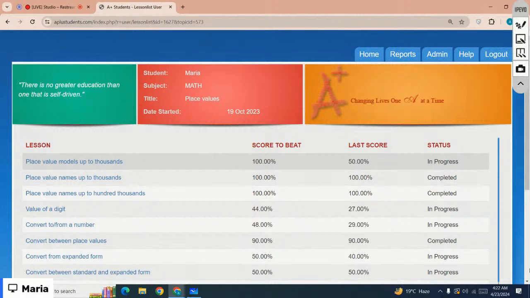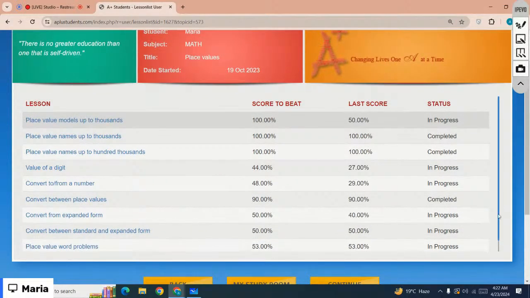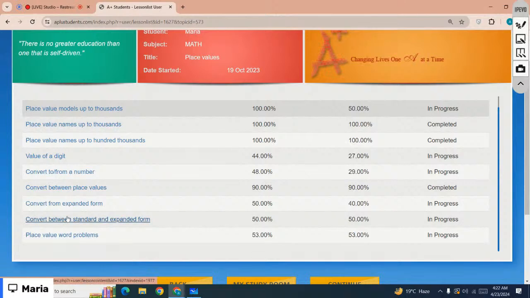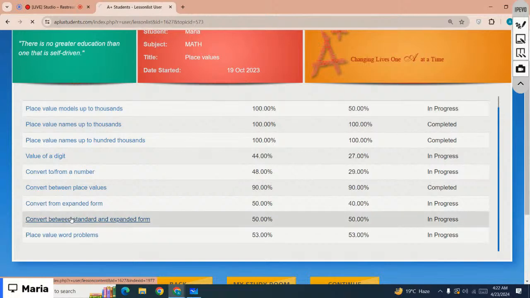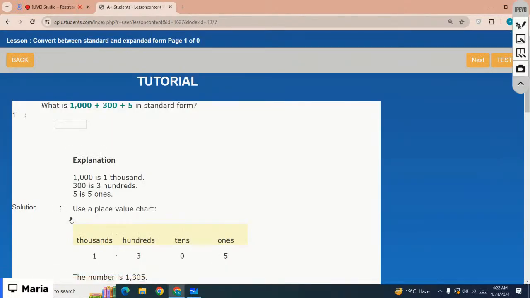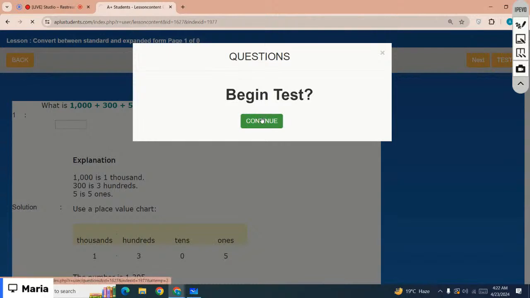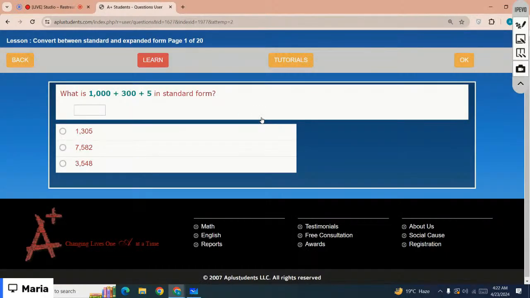The next lesson is convert between standard and expanded form. Okay, let's just start with the test questions. That is the same lesson we just did. You just have to convert from standard to expanded and expanded to standard, right?